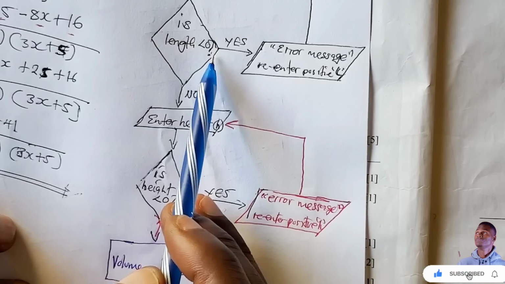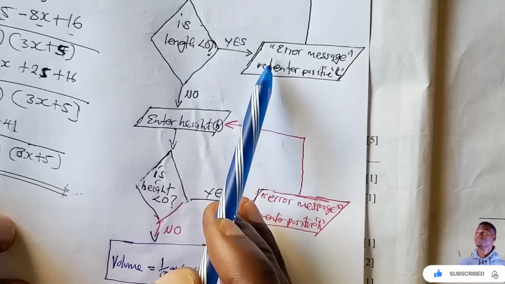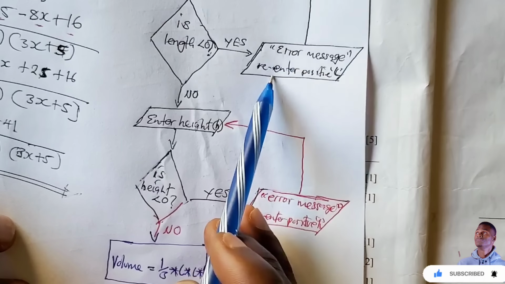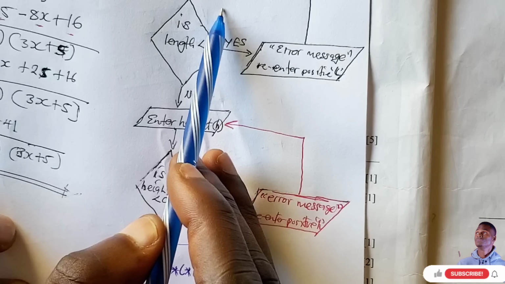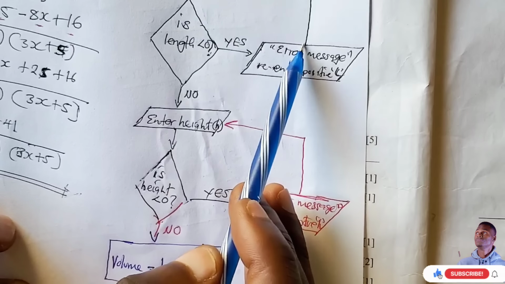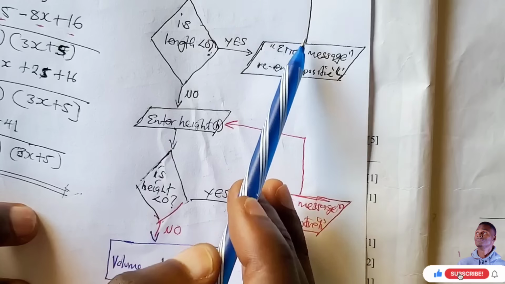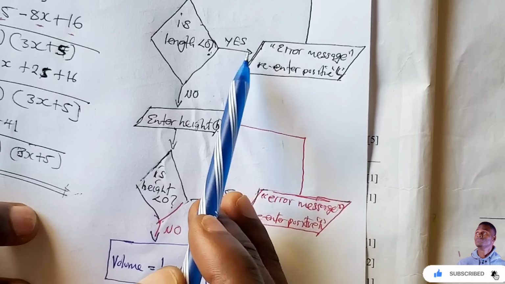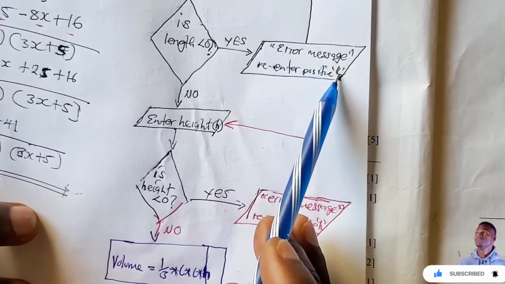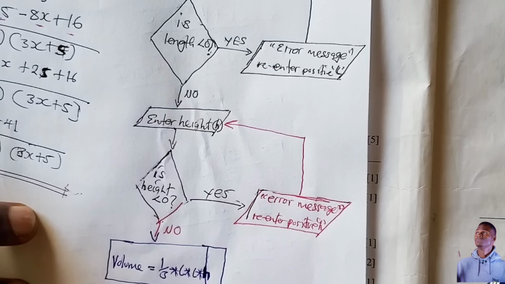Yes. Below this statement you say then print error message and re-enter positive length. But if we didn't have this line re-enter, if it was just like this, just say print error message. That's all. Are we together?